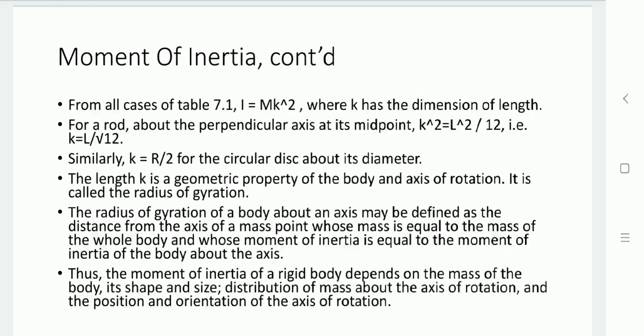So the moment of inertia of a rigid body depends on the mass of the body, its shape and size, the distribution of mass about the axis of rotation, and the position and orientation of the axis of rotation.